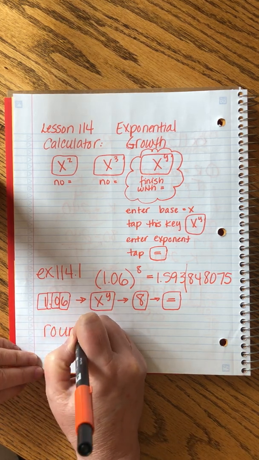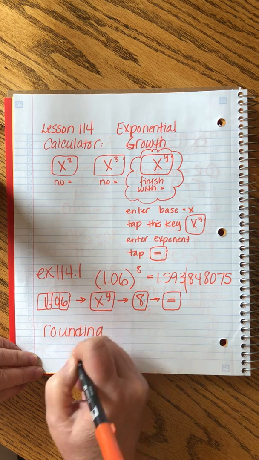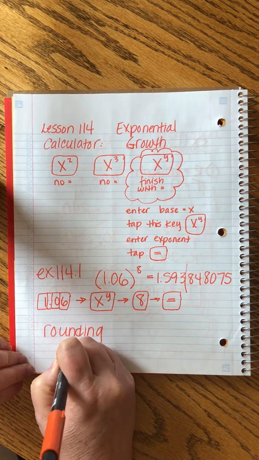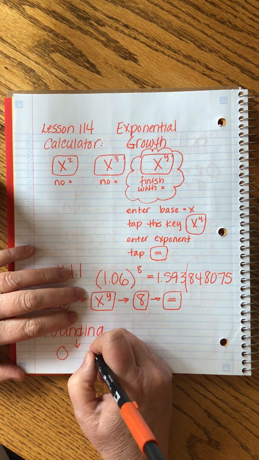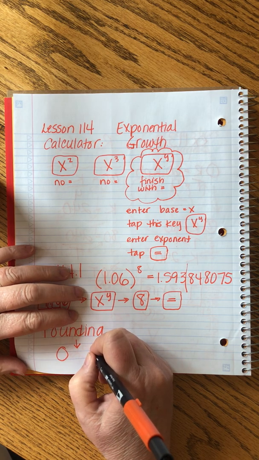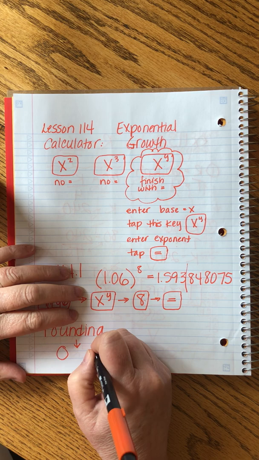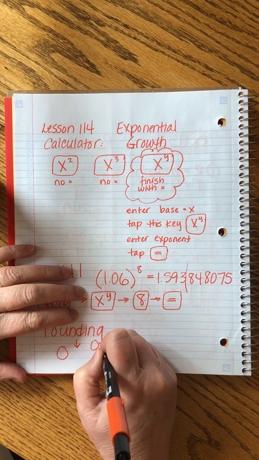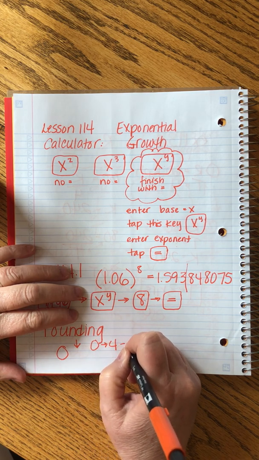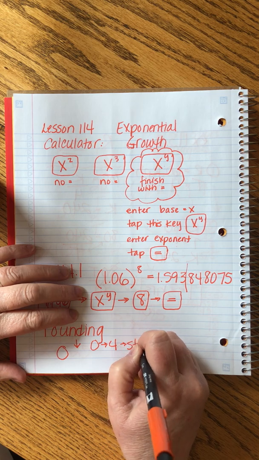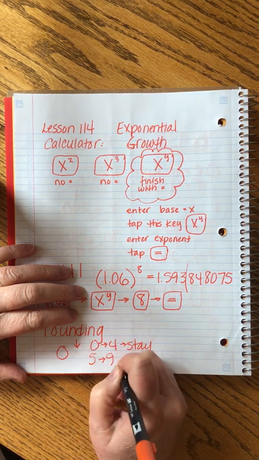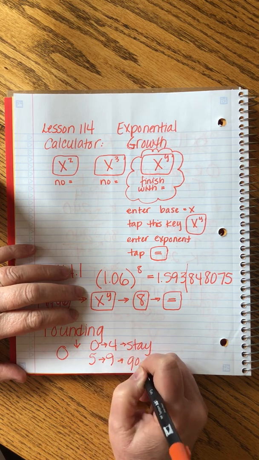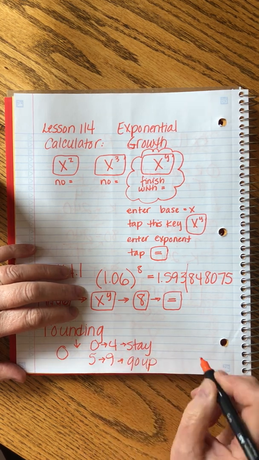Rounding is when you remember the rule that you circle the digit you want to round, and then you look at the next one and you remember the rules: if it's between 0 to 4, you stay. And if it's from 5 to 9, you go up. That's rounding.